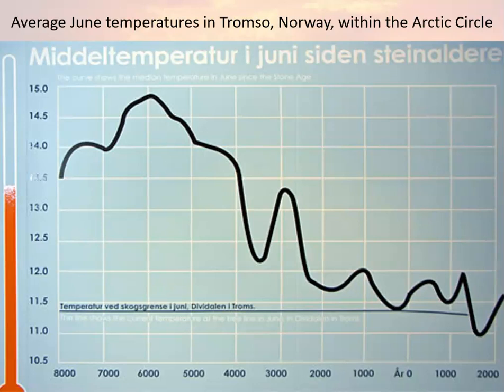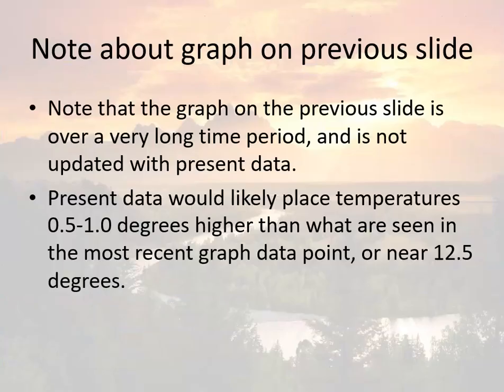It's pretty close to 70 degrees north latitude, and we're talking about very significant changes in average temperatures, in this case in the month of June, over the past 10,000 years. And the graph isn't quite updated. If you were to put in today's data, you would probably take it up about a degree to a degree and a half. But this mainly is to show you how rapidly things can change when you're talking about small changes in the rest of the world.